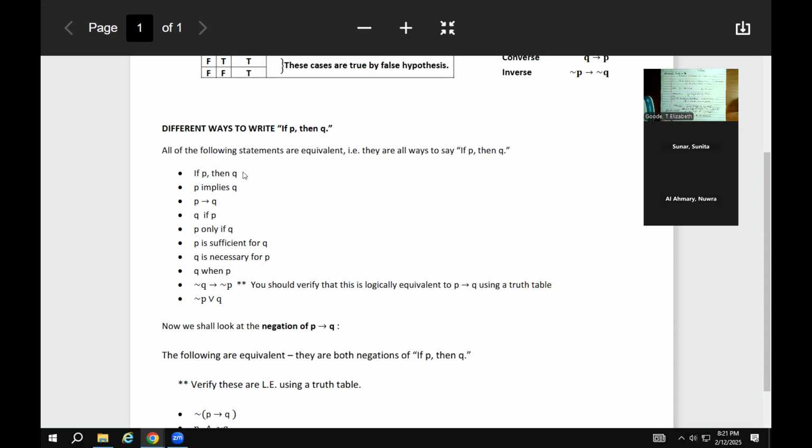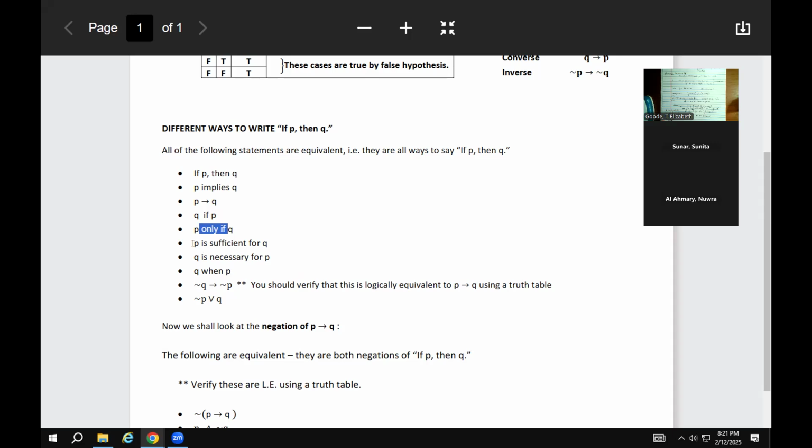If P then Q means if P is true, then Q must follow and also be true. Well, P only if Q says P can only be true if Q follows, if Q is also true. That's why P only if Q means the same thing as if P then Q.